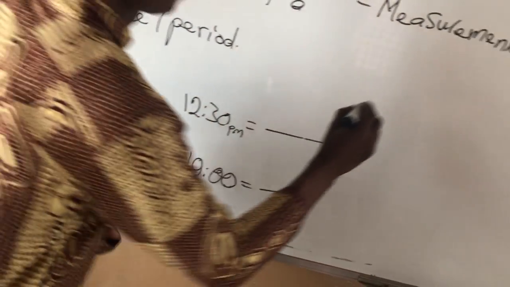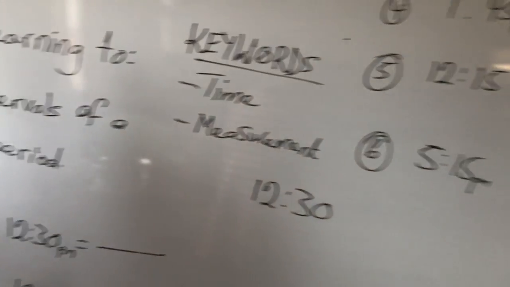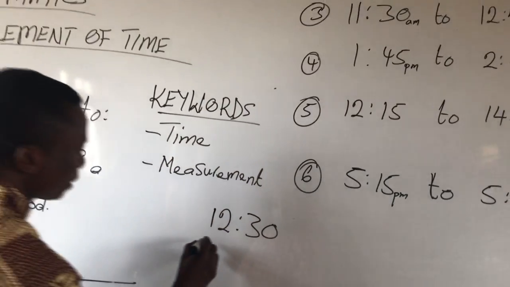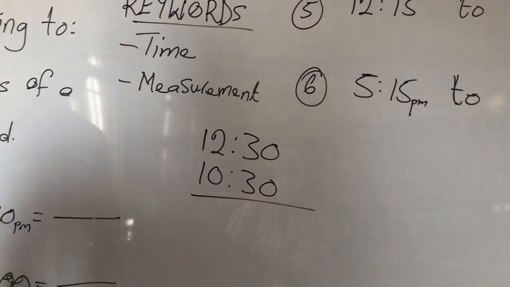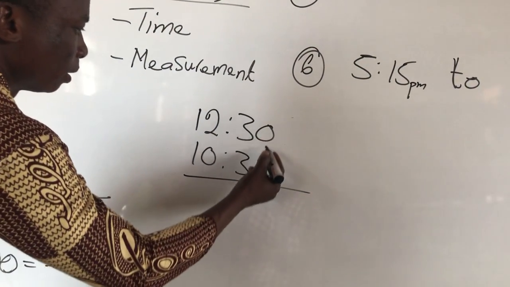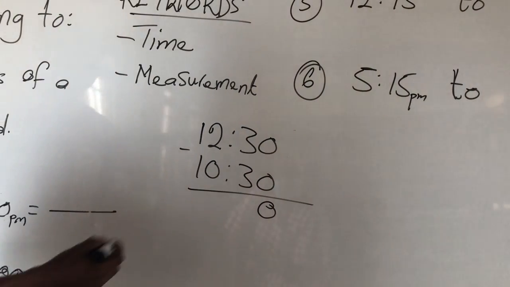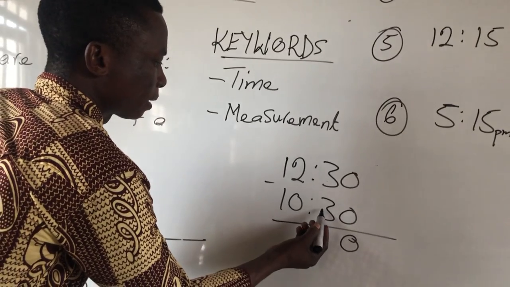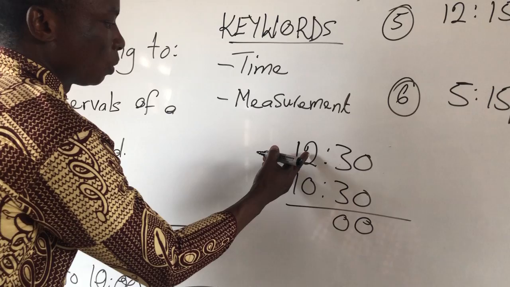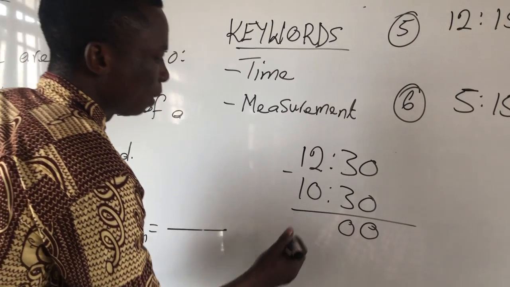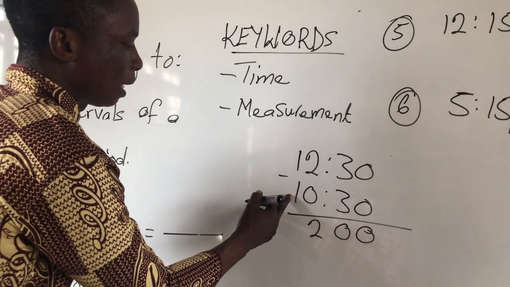Let's quickly look at this. This is 12:30. And time started is what? 10:30. How many minutes have you spent in your journey? 0 minus 0 will be what? 0. 3 minus 3 is what? 0. 2 minus 0 will be what? 2. 1 minus 1 will be 0.